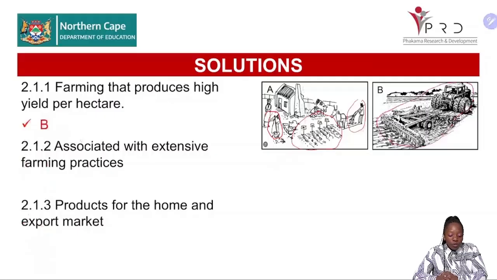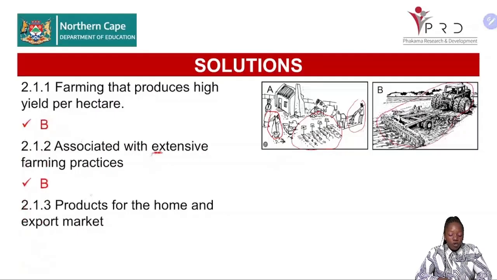Then 2.1.2, associated with extensive farming practice. So again, you have extensive and intensive. Looking at the extensive there, it's supposed to tell you that there is less work that has been put in, as you can see that everything is done by the machine. So therefore, it is at B where they are practicing extensive farming.